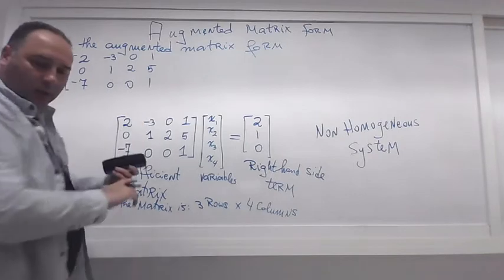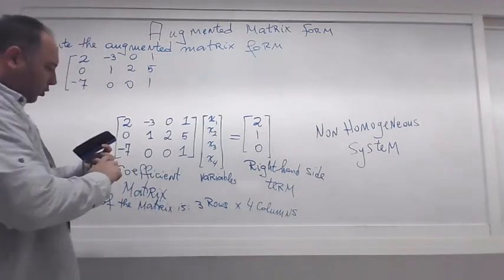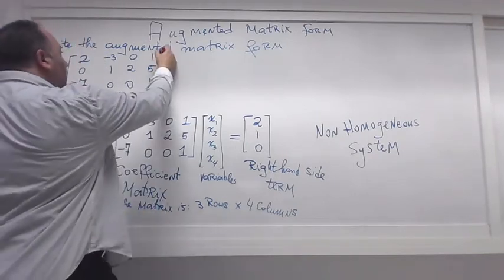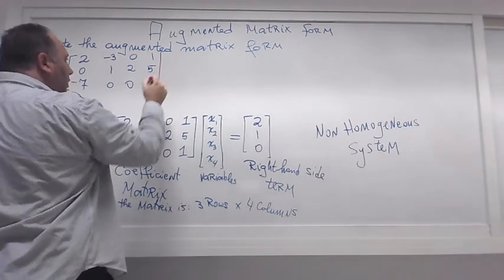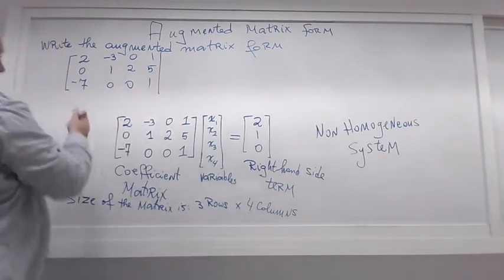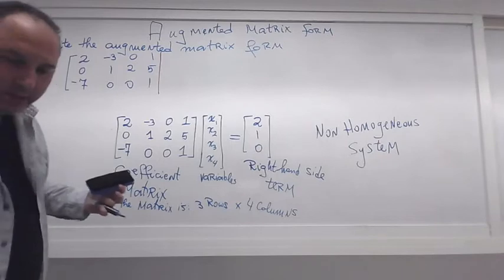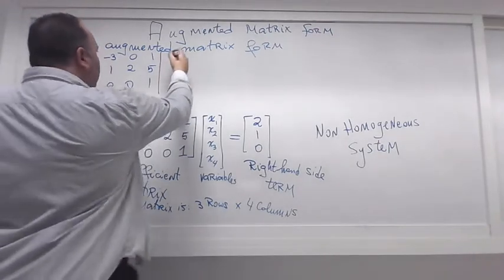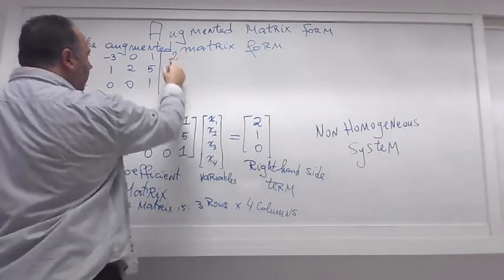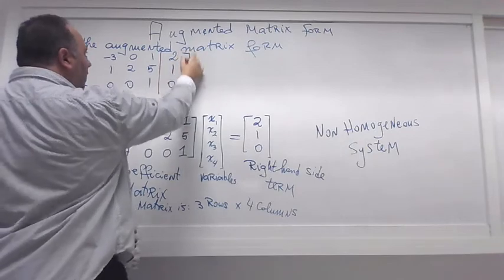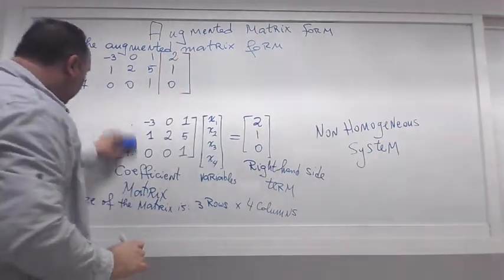So now, in your book sometimes they are lazy, they don't put the bar. The bar separates the coefficient matrix from the right hand side member. So the first one is 2, then I have 1 and 0, and I close it.